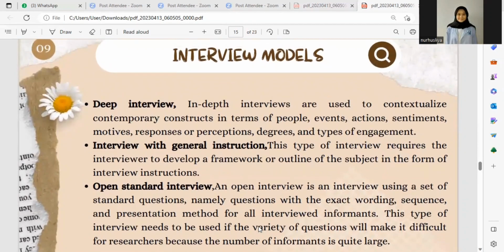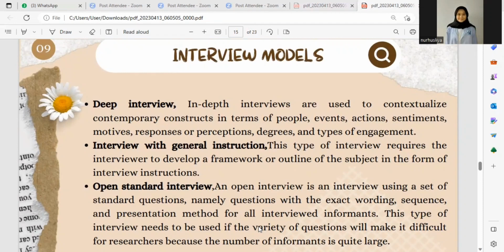In qualitative research, various interview models are as follows. The first one, deep interviews. In deep interviews, the parties have a familiar connection, thus the discourse is casual.